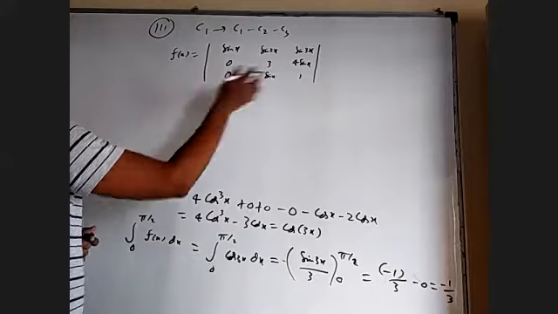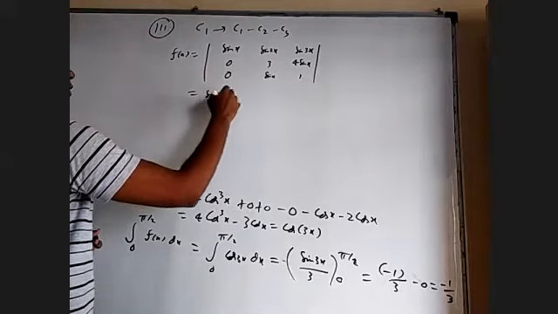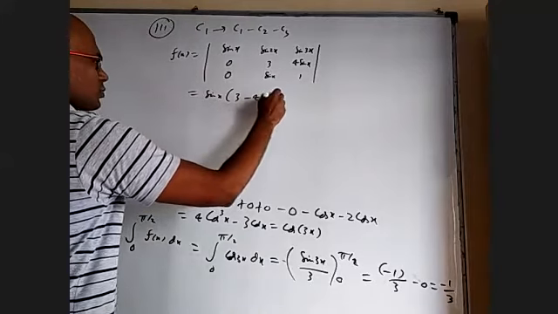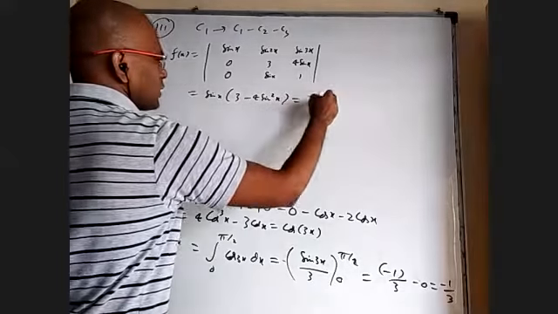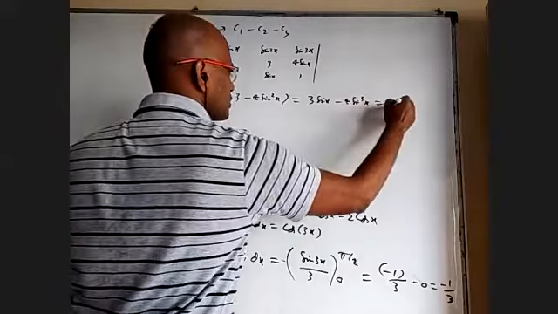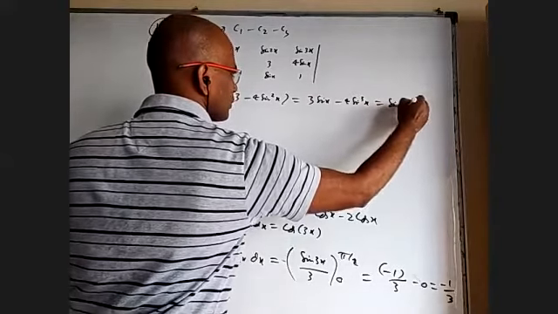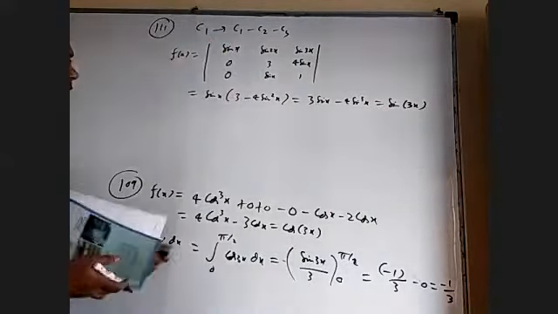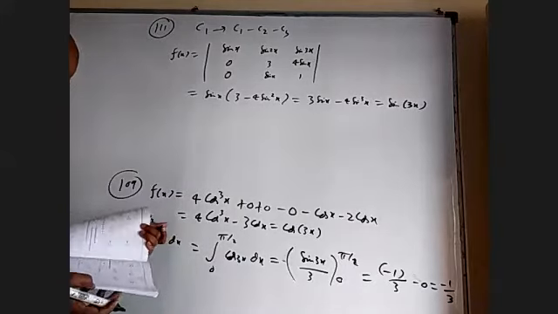Two zeros already we got, so just expand. It is sin x into 3 minus 4 sin square x. Again we're getting the sin 3x formula here. 3 sin x minus 4 sin cube x, which is sin of 3x. Previous one was about cos 3x, now sin 3x, and they wanted between 0 to pi by 2.